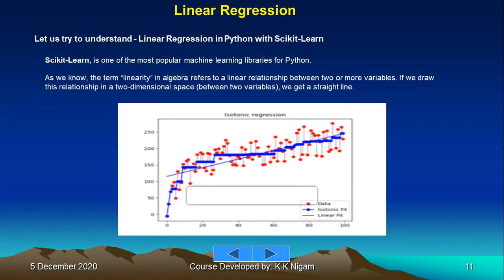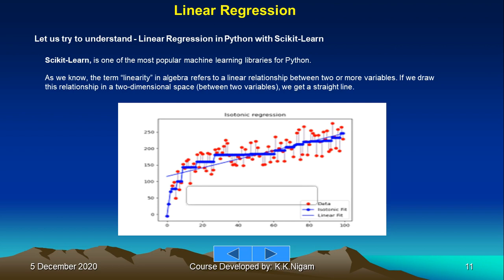Now let's try and understand linear regression in Python with scikit-learn, sklearn. Sklearn or scikit-learn is one of the most popular machine learning libraries for Python. This we have already learned in the earlier videos. As we know, the term linearity in algebra refers to a linear relationship between two or more variables.